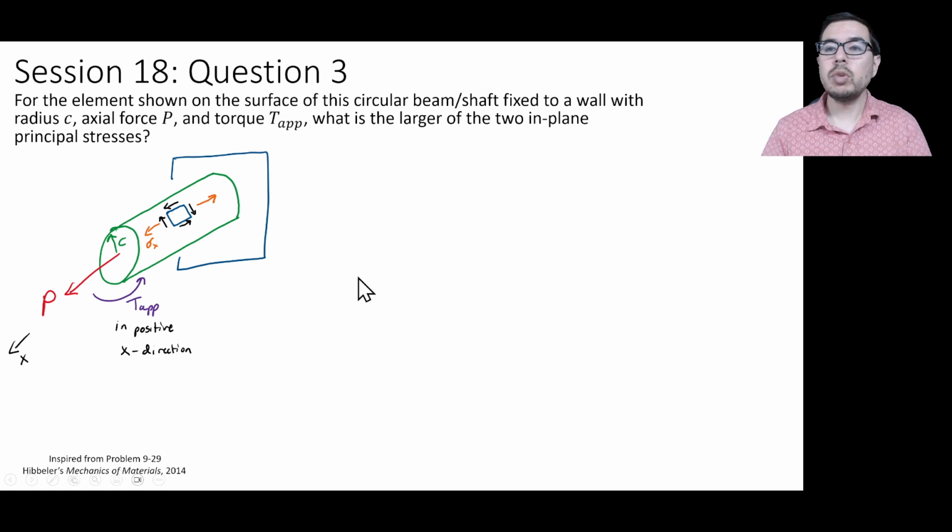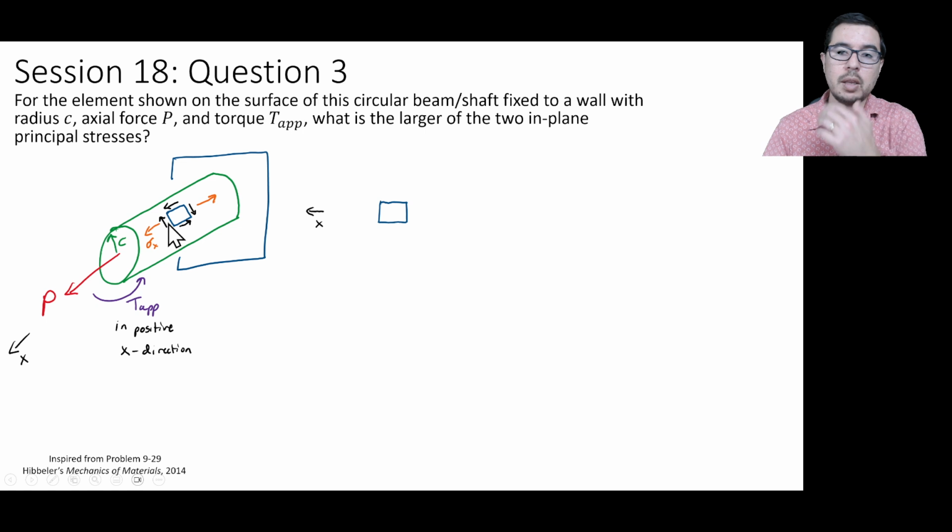So let's redraw the element with a square out here in space somewhere, but it's associated, of course, with this point on the surface of the circular beam or shaft or bar. And we see that we have an x coming out the left side. Why is that? Because there's an x coming this direction.